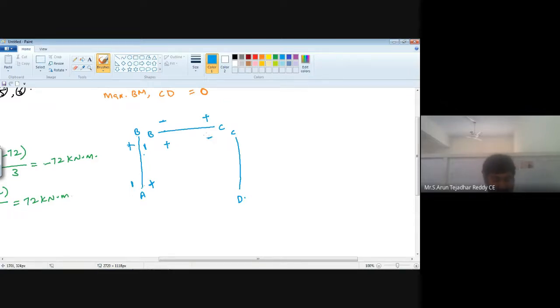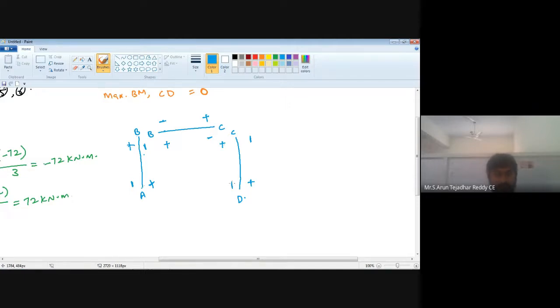Now C to D. Here it is negative value, here it is positive value. Next, here it is positive value, here it is negative value. This is our sign convention.